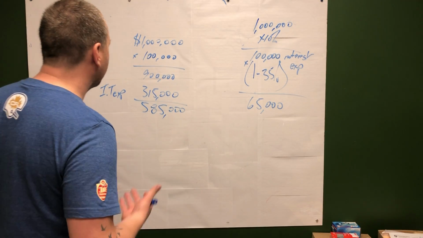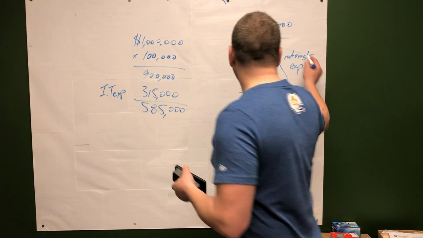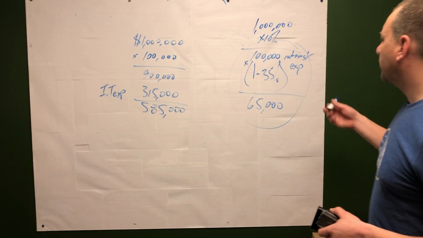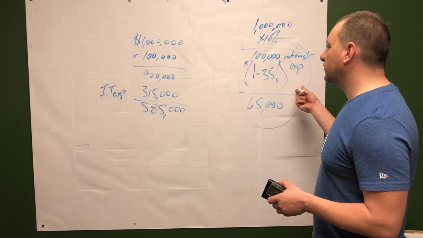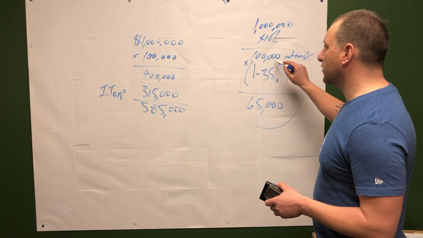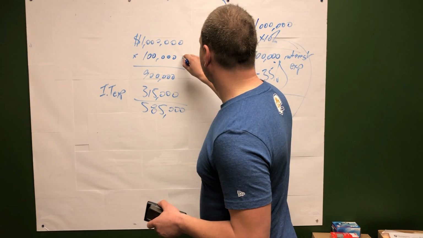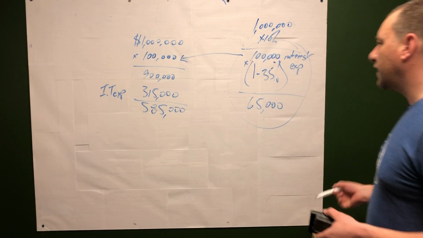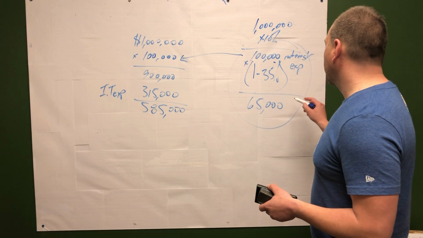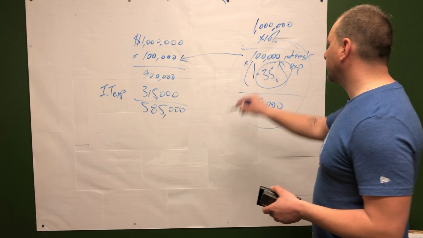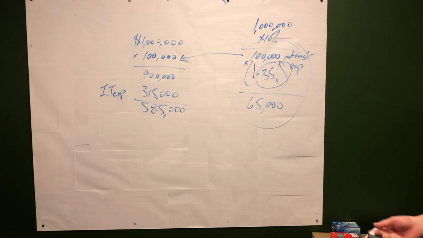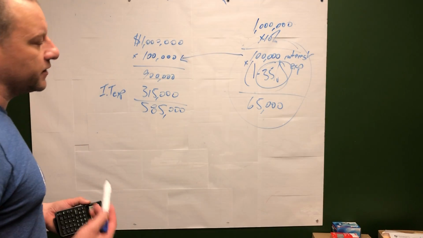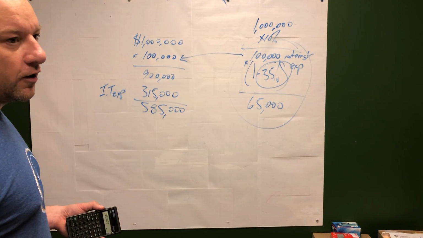I'm trying to show you how this relates. Notice that interest expense was $100,000, and that went here. We could look at it this way: it's going to save us $35,000 in taxes. Why? Because we're only paying 35% income tax on our income.